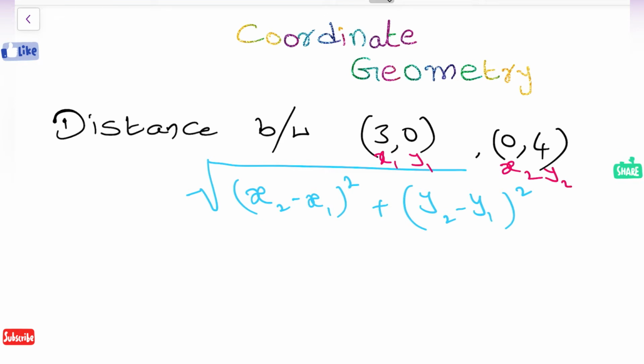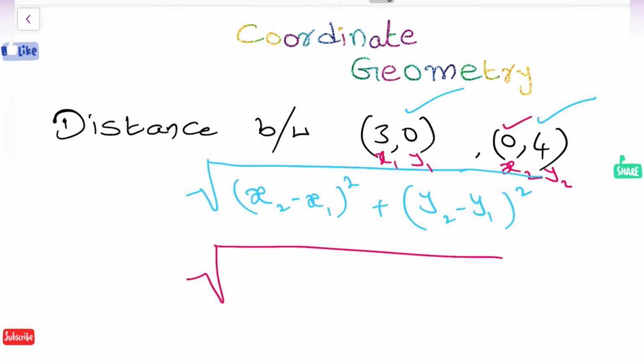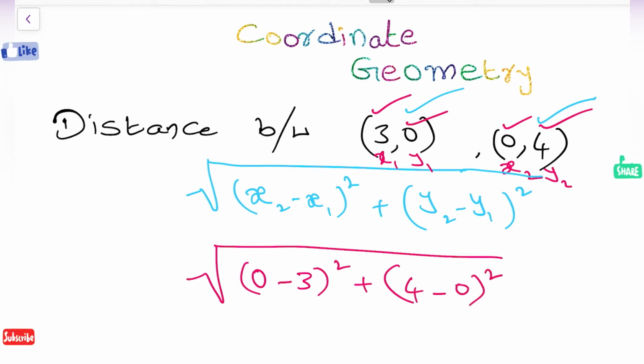As I already said in the previous question, you can change the x1 y1 also, no problem. This you take as x1 y1, this you take as x2 y2 also, you will get the same answer. So now under root, here x2 is 0 minus x1 is 3 whole square plus y2 is 4 minus y1 is 0 whole square.